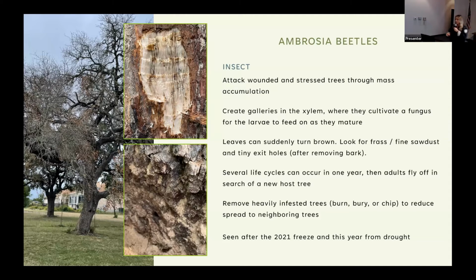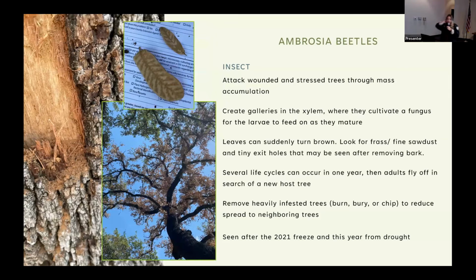So again, I saw two scenarios like this after the big '21 freeze. And then this year, again, I was called and asked to take a sample. And there were even some leaves with veinal necrosis, in that top picture. That's where the veins are necrotic or browning, which is typical for oak wilt when it's in a live oak.